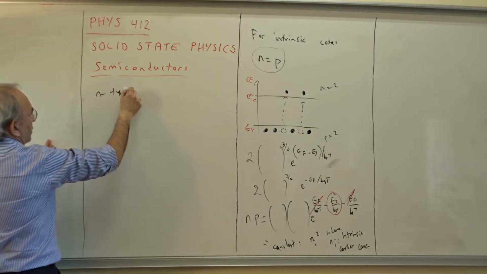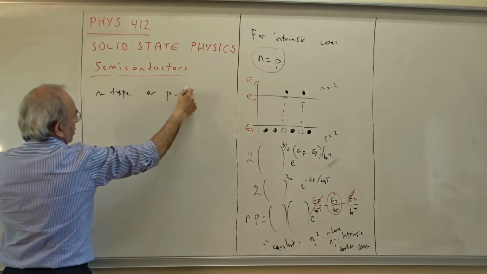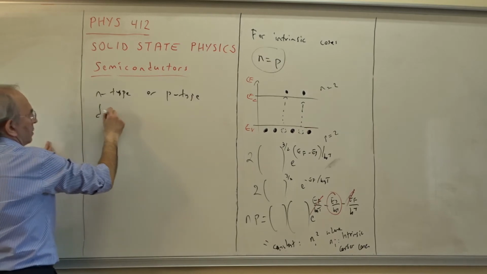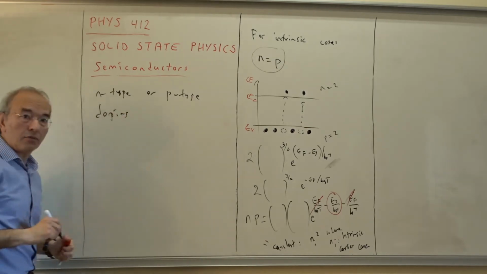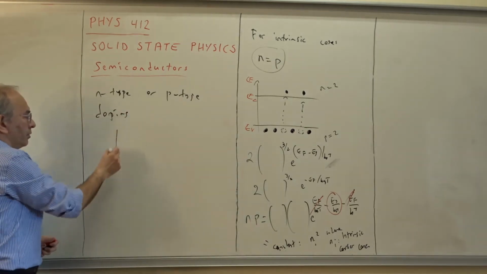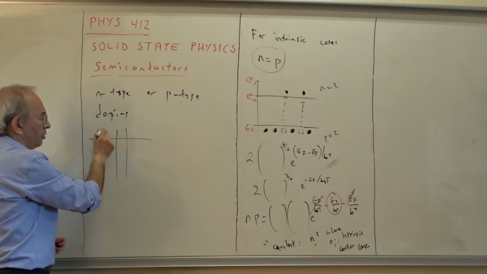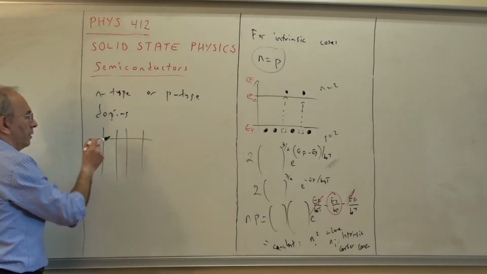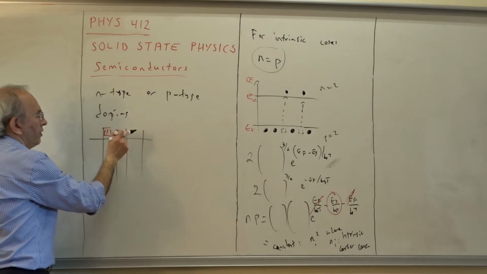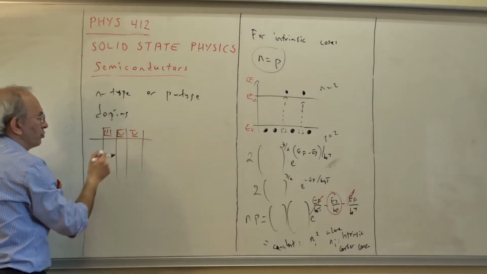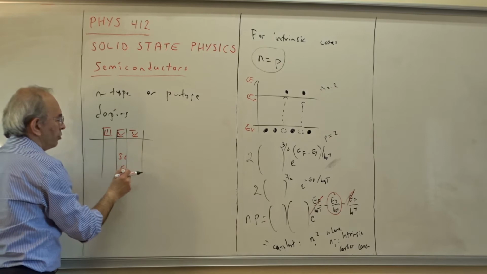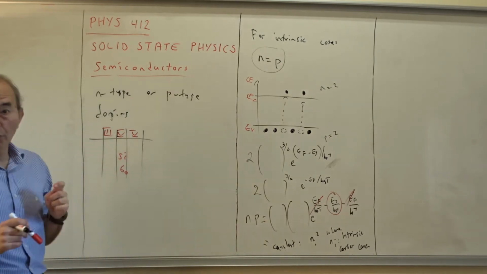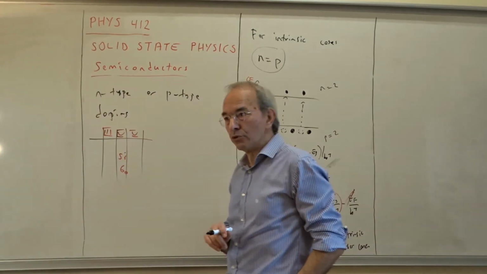N-type or P-type doping. What was it? Let's remember. Because these are along the periodic table, 3, 4, and 5. These are the groups. And silicon and germanium, remember, correspond to the fourth column group.